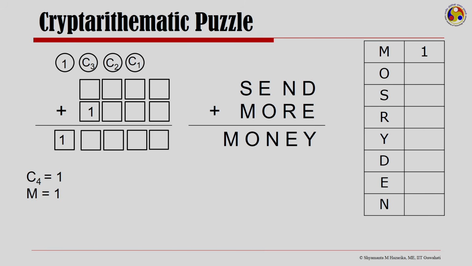Next I focus on looking for an answer to either the second column or the third column. If I focus on the second column, I can see that I have a constraint between C3, S, and O. M is already known to me to be 1, and I have to carry forward a 1.